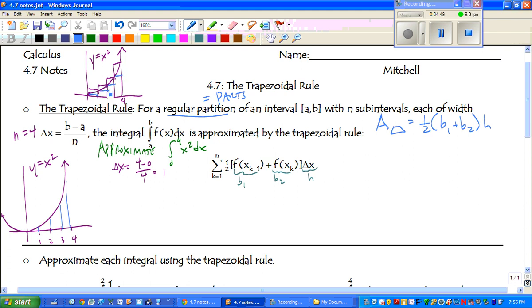And now, instead of doing rectangles like we've done before, we're going to create trapezoids. Let's look at the one at the end first. Between 3 and 4, we take the point where x is 3 on the graph and the point where x is 4 on the graph, and we connect those 2 points, and we've created a trapezoid right here. We do the same thing at 2 and 3, and we create another trapezoid. 1 and 2, we get another one.